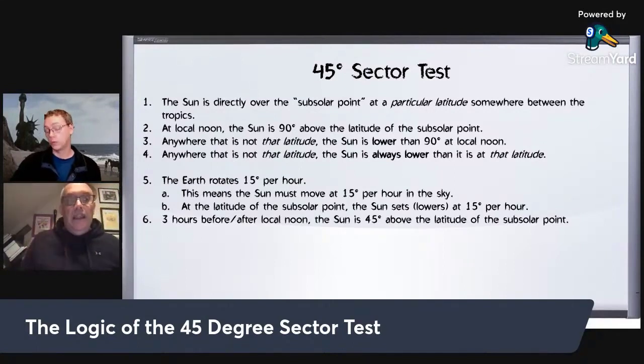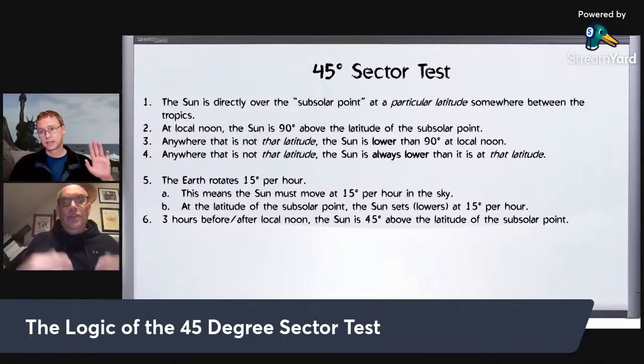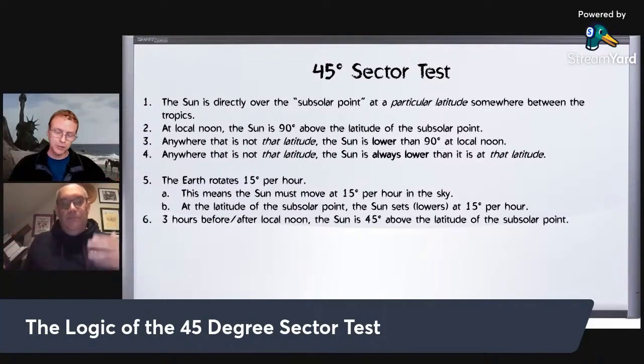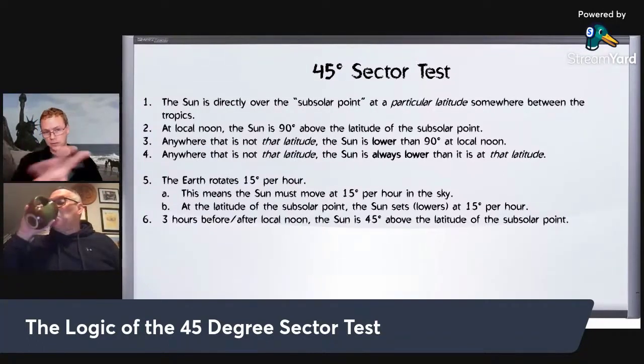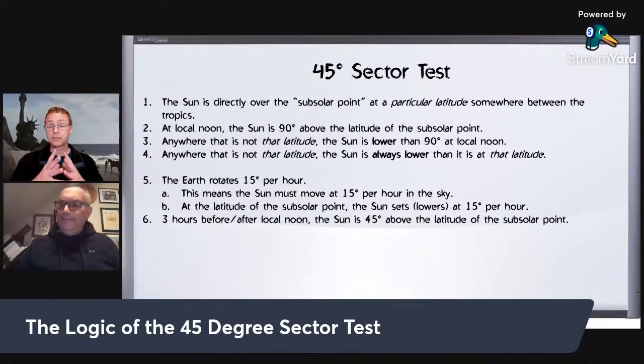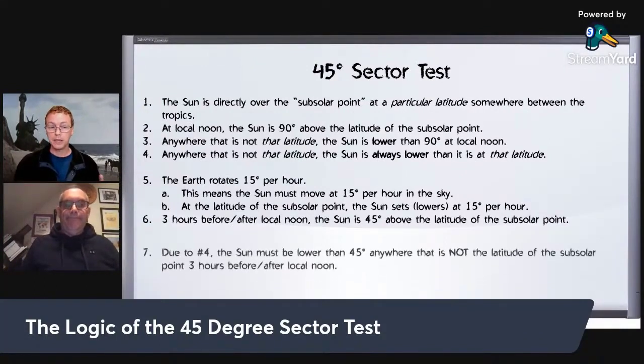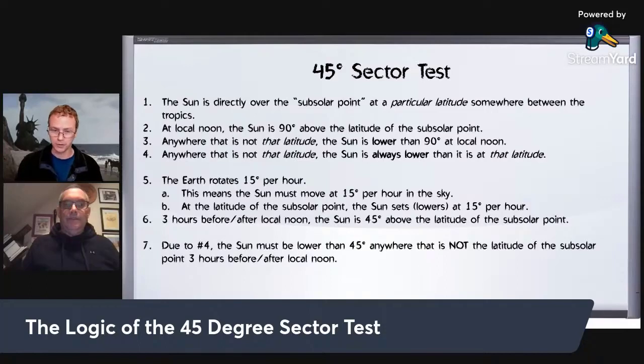Right. And so when you measure the altitude angle to the sun, according to this description, if you're at the subsolar point, the sun should be at 45. But the big key is we're not at the subsolar point. You're north of that, right?